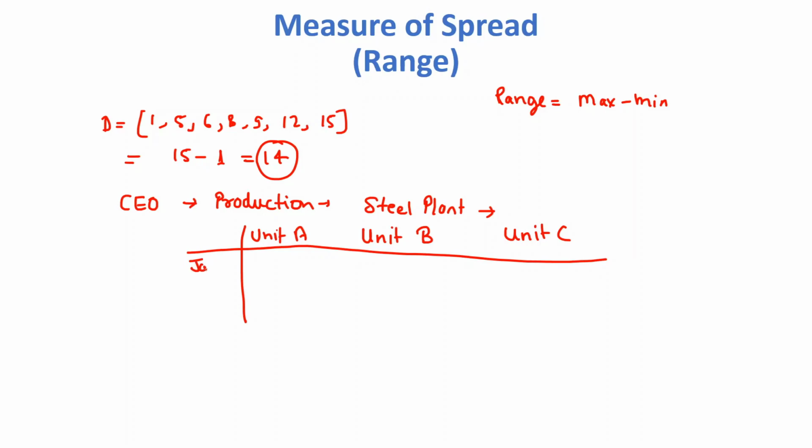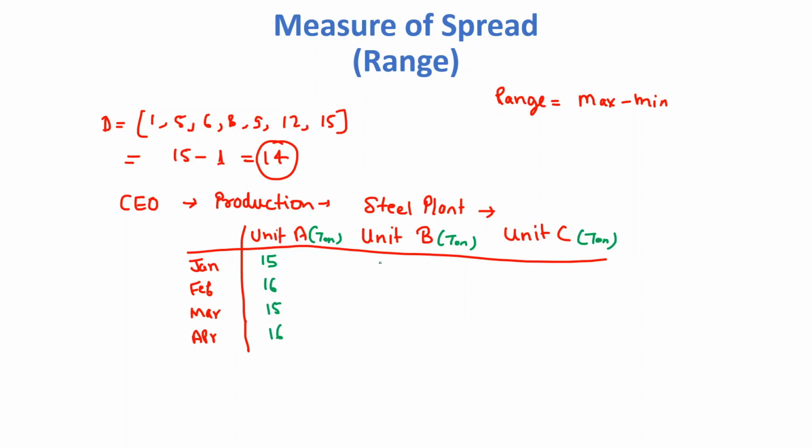This is the production capability in Jan, Feb, March and April. Unit A produced 15 ton in Jan, 16 ton in February, 15 ton in March and 16 ton in April.